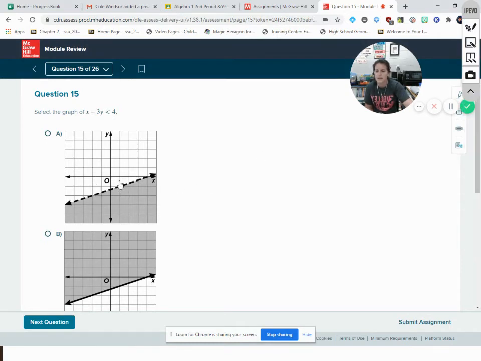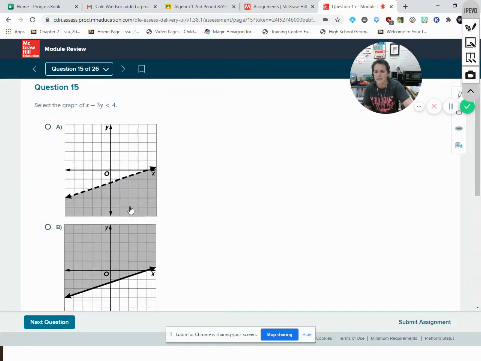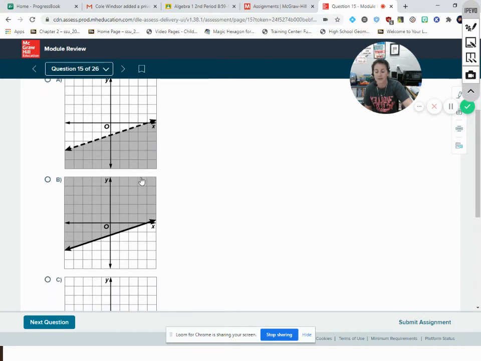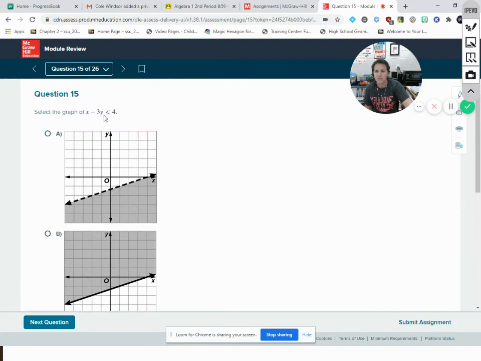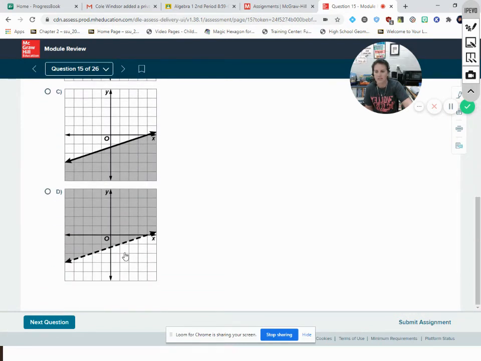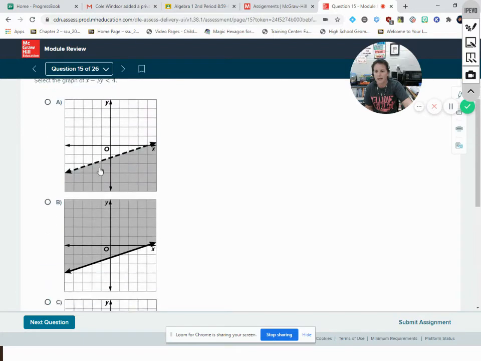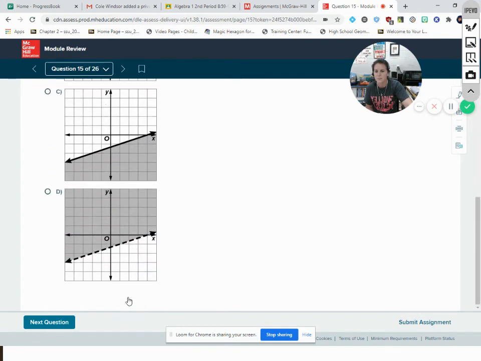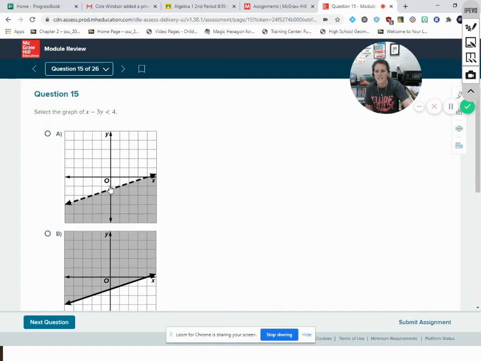Which one has a graph that matches that equation? First of all, I know that it's going to have to be a dashed line because this doesn't have an equal to underneath of it. So I can automatically rule out B and C, narrowing my answer down to A or D. It looks like these lines are the same, so the important thing is to figure out which one has the correct shading.